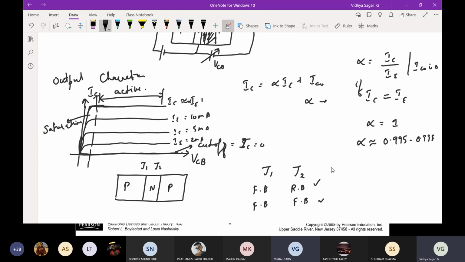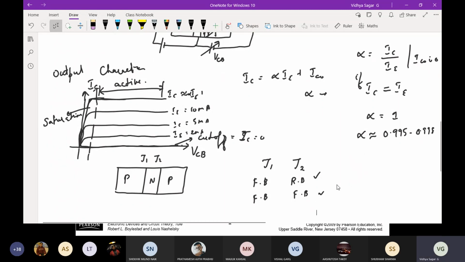Respond. So no current will pass? Both the junctions are in forward bias. Will there be no current, or will there be a current? So I'll give you the other cases also.